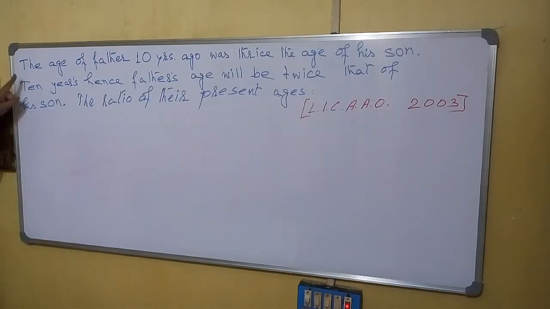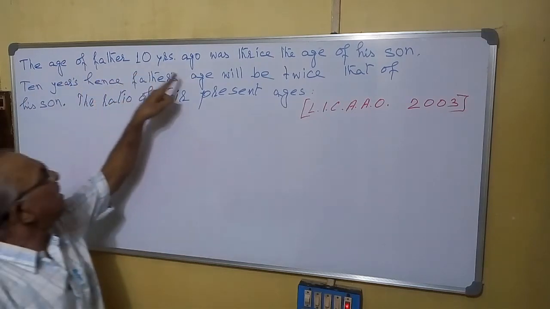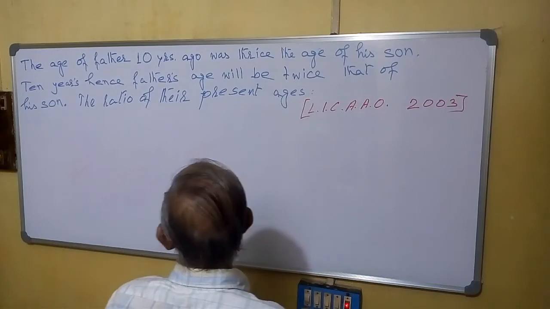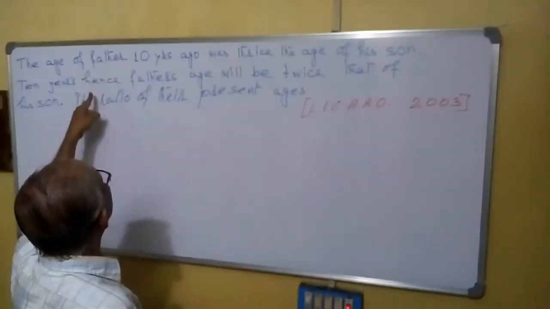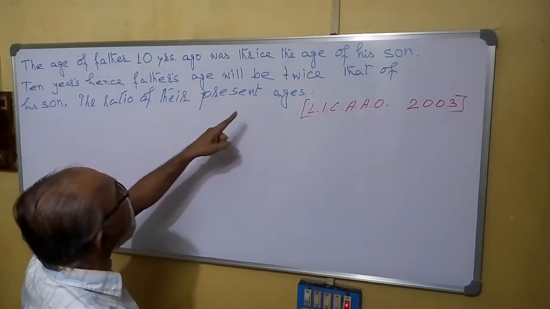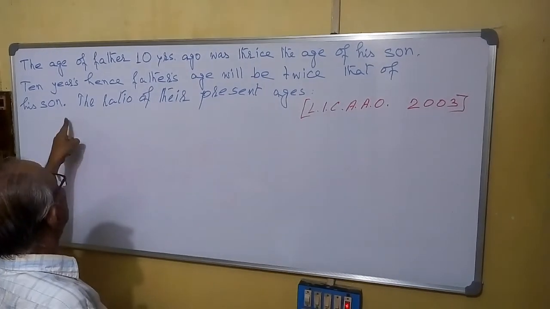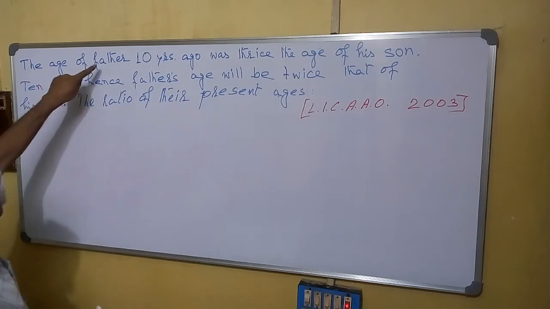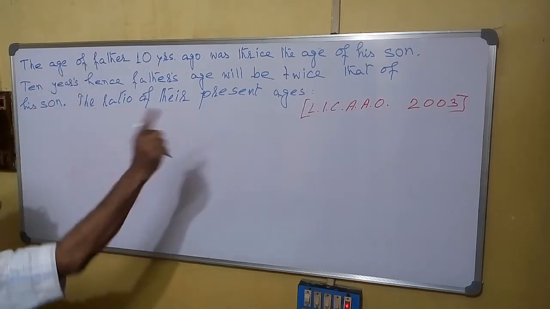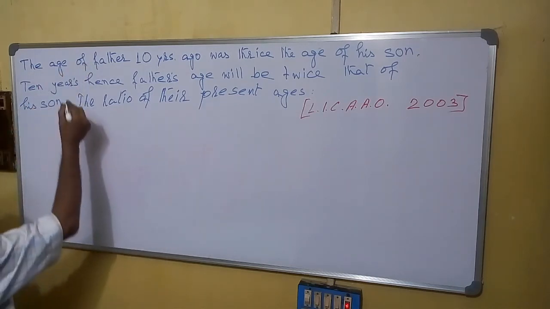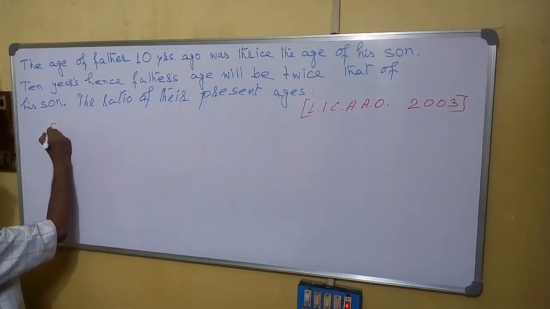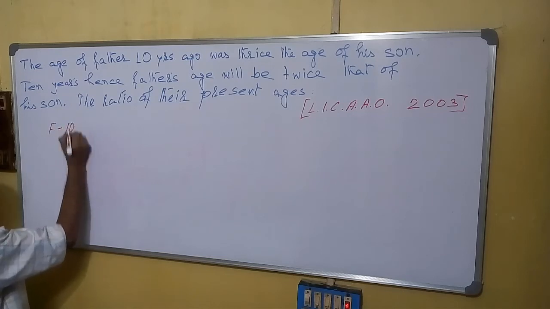See this sum. The age of the father 10 years ago was thrice the age of his son. 10 years hence, the father's age will be twice that of his son. Find the ratio of their present ages. Let us assume the father's age is f, the son's age is s. It is easy to do. So 10 years ago, the father's age was f minus 10.